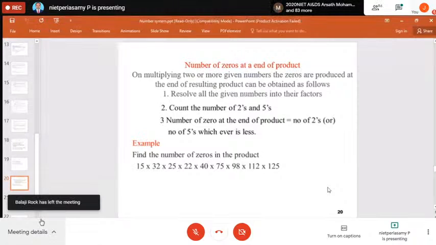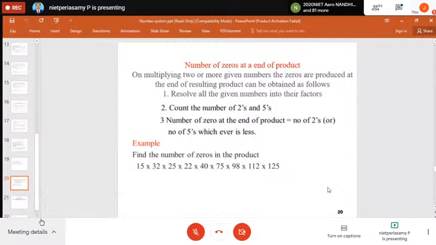In 75 we have two 5's. In 98 we don't have any 5's. In 112 we don't have any 5's. In 125 we have three 5's. So totally we have 9 fives.